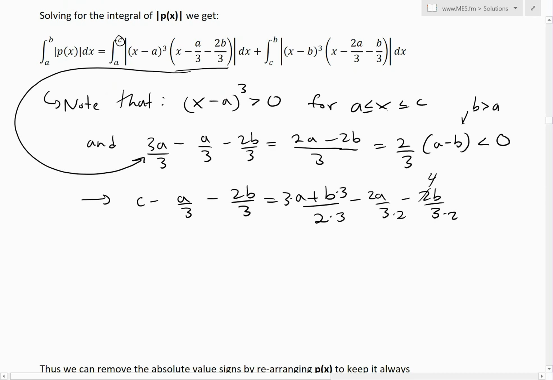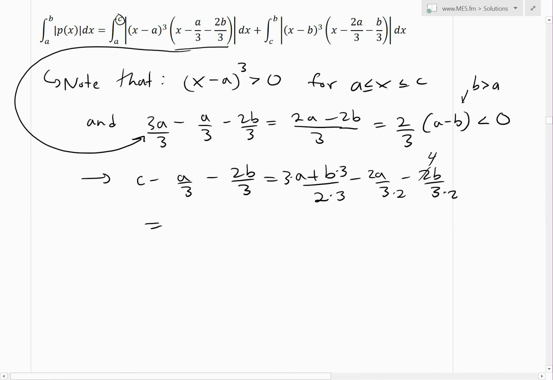So what we get here is 2, 3a minus 2a, that's just a, 3b minus 4b, that's negative b, over 6. Again, b is greater than a, so this is always going to be negative.